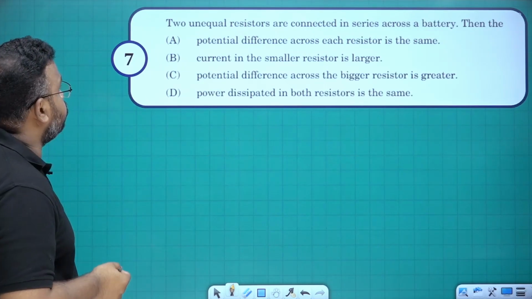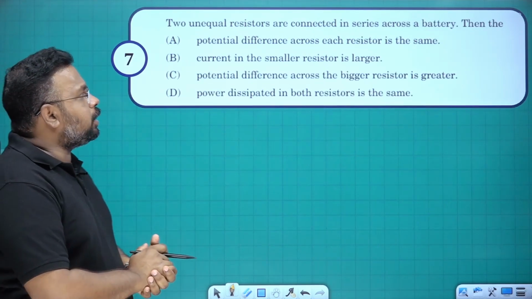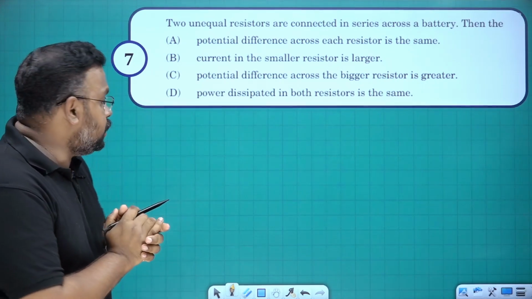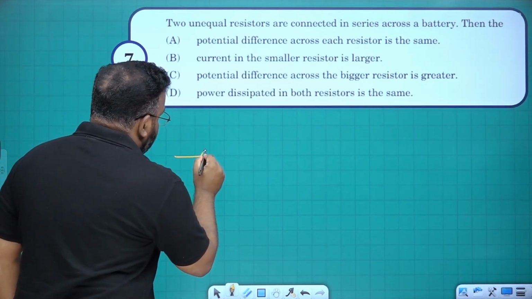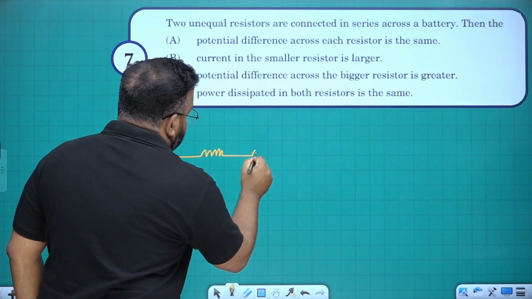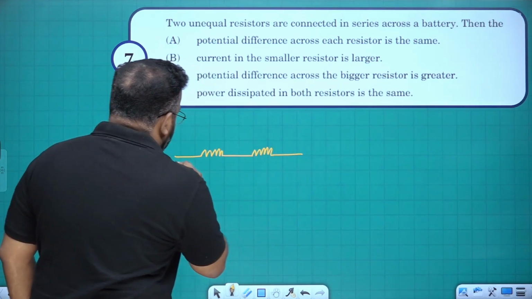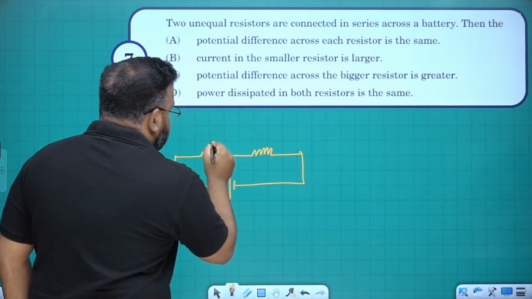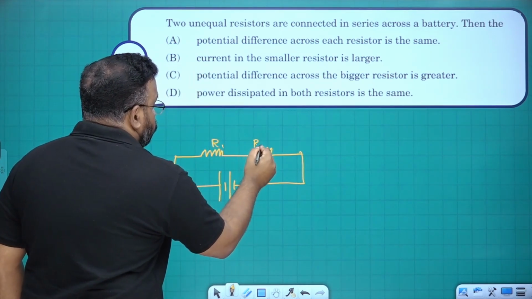Now question number 7. Two unequal resistors are connected in series across a battery. This is one resistor and this is the other resistor. They are connected across a battery. So this is the situation. This is R1 and this is R2.